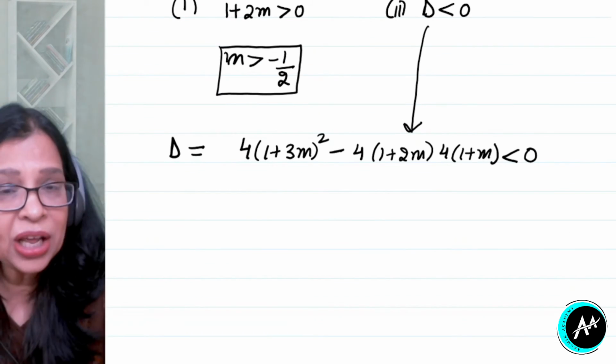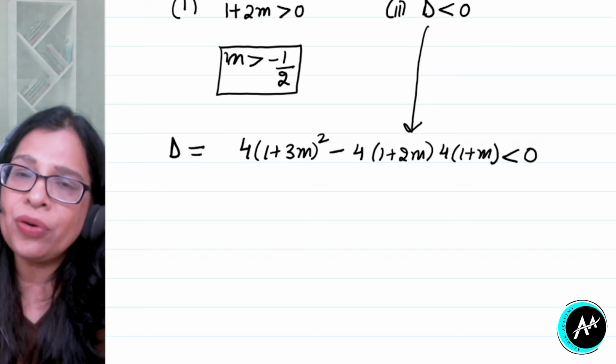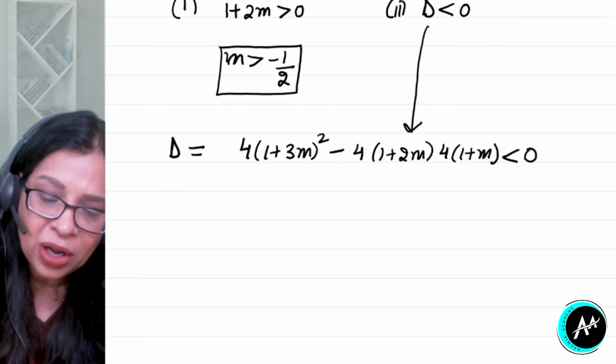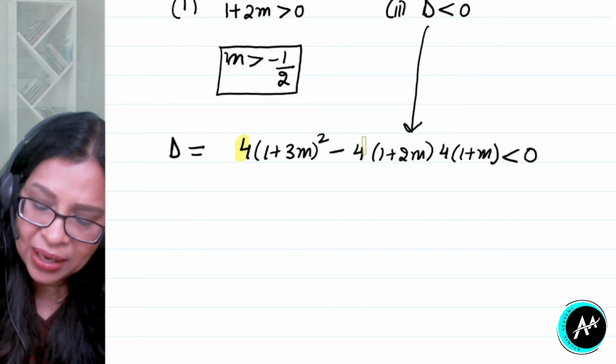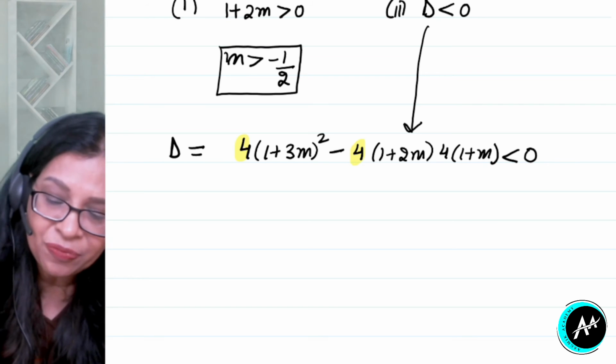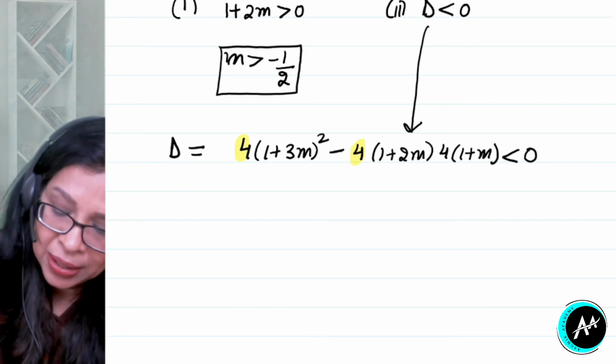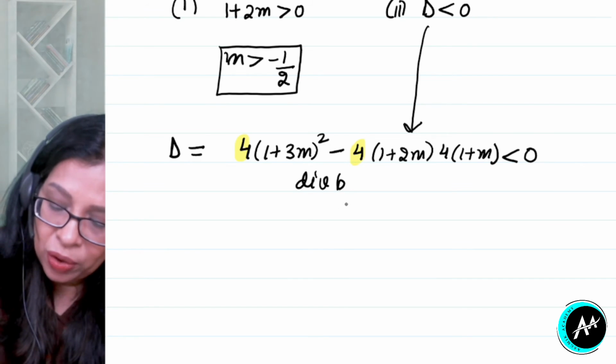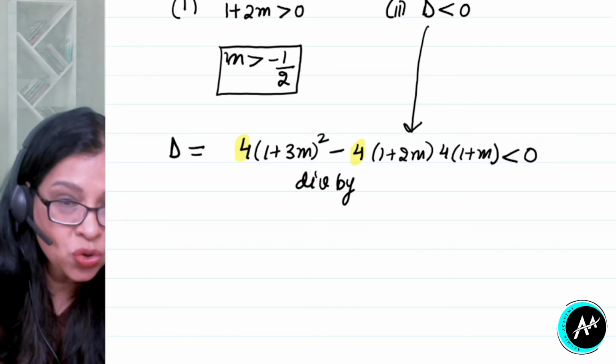Now you know inequalities, remember we have done, if you divide by a positive quantity, sign of inequality remains the same. So you can see we can get rid of this 4. It will help us simplify this inequality. So let us divide by 4. Alright, so what is left is, let us open the brackets.